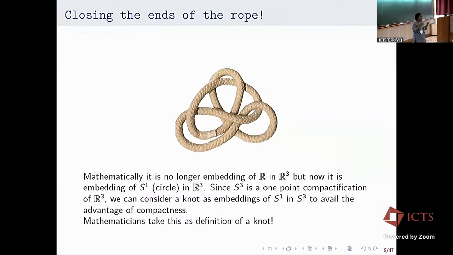But in principle, we can describe Sn with n plus 1 coordinates such that the sum of the squares is 1. So you have Sn, and here knots are embeddings of S1 in S3. So it's a classical knot definition.